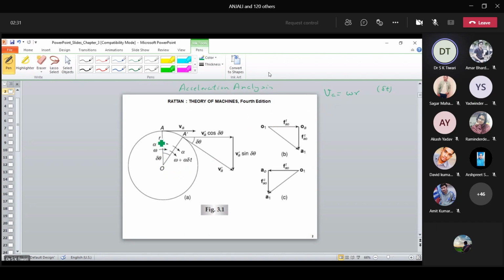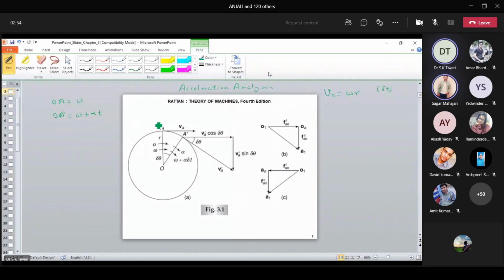The angular velocity of OA was omega. It's not going to be omega, but something greater than omega, and it will be equal to omega plus alpha into t.